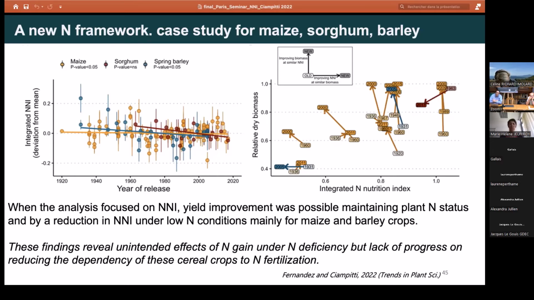And in fact, these are the first, I think, findings that help us to understand that many of the nitrogen gains were extremely unintended under nitrogen deficiency, but it shows that we really lack progress on reducing this dependency on fertilization. Okay, so we still have a high dependency, specifically more in maize, on nitrogen fertilization.